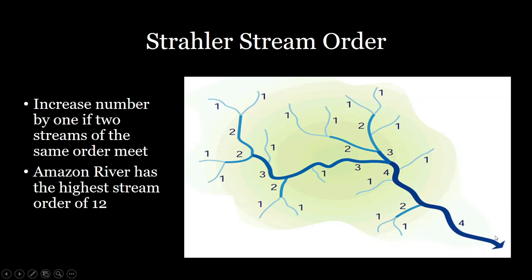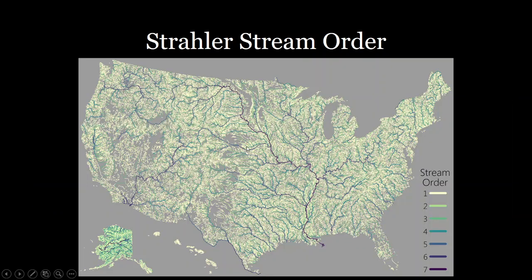We can categorize all streams in the world this way, and the Amazon River has the highest stream order in the world. It's an order of 12. So you can imagine just how many tributaries the Amazon River has. And we can look at the Strahler stream orders for all of the United States, the Mississippi River being our largest stream order of 7.